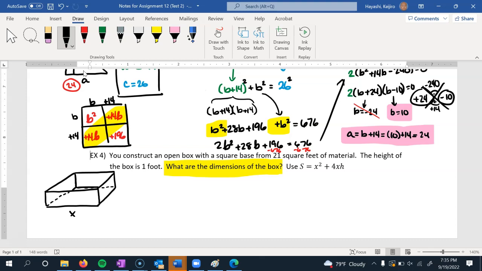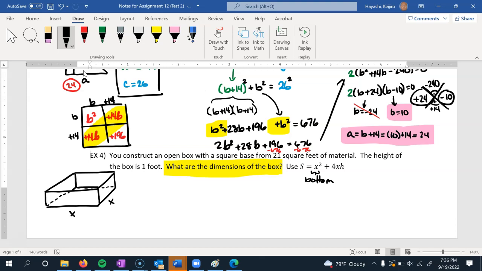So if you call the length of one of the sides of the box x, knowing that it's a square, the other sides are all going to be the same length, x. And so that's the bottom of the box, x times x, or x squared. That's where that comes from, just if you needed to know why this formula was what it was. If anything, just be thankful it's provided to you and that you don't have to figure it out from the description of this box.